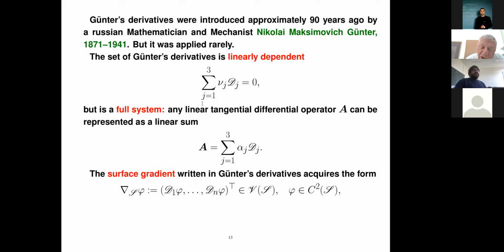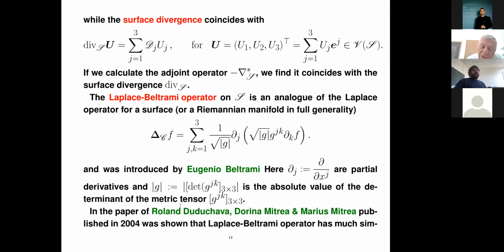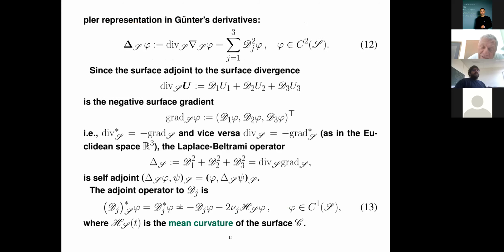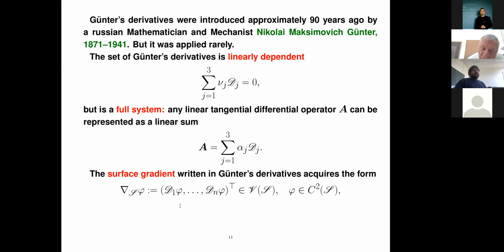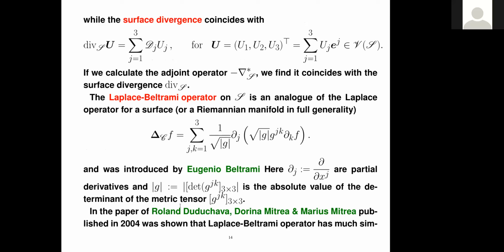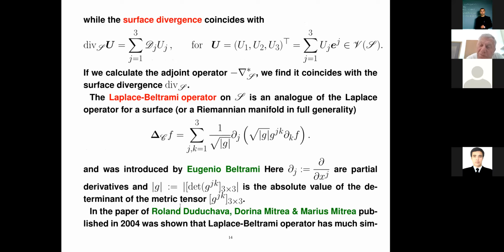The surface gradient, defined in differential geometry in a different way, is just the gradient of these Günther's derivatives. They simply coincide. And the surface divergence is just the divergence written with the help of the Günther's derivatives.